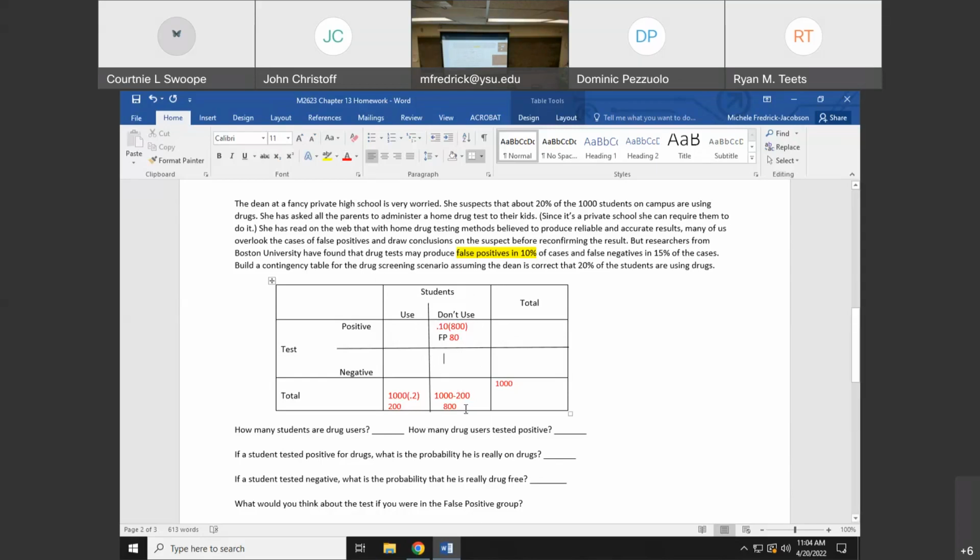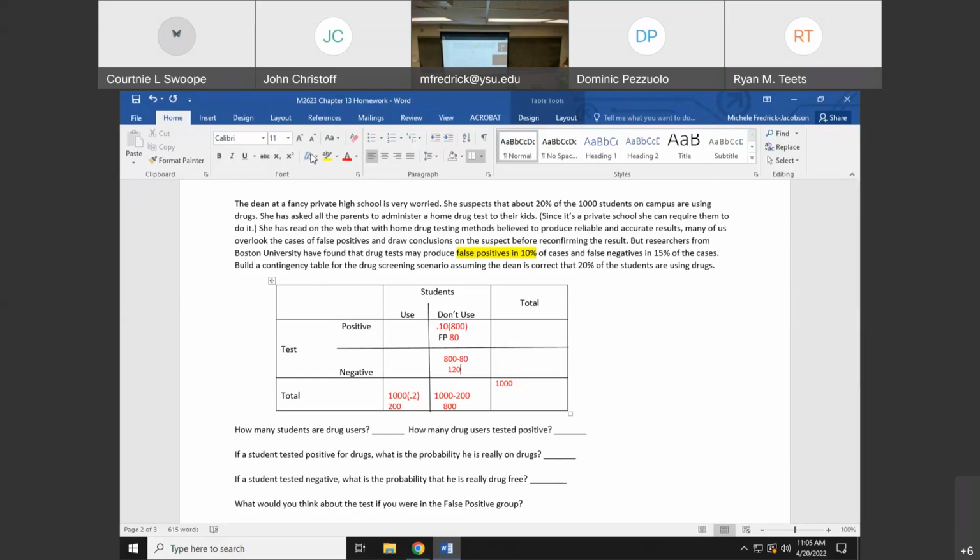We know going down it needs to add up to 800, so 800 minus 80 is 720. Any questions so far? Okay.